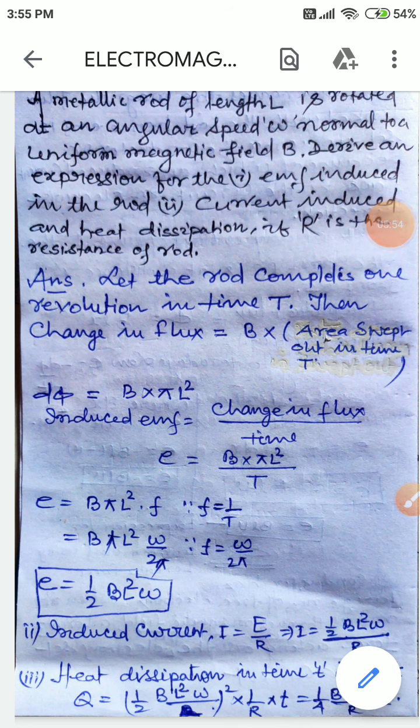So a question may be asked: a metallic rod of length L is rotated at an angular speed omega normal to a uniform magnetic field. Derive an expression for the EMF induced in the rod, the current induced, and the heat dissipation if R is the resistance of the rod.